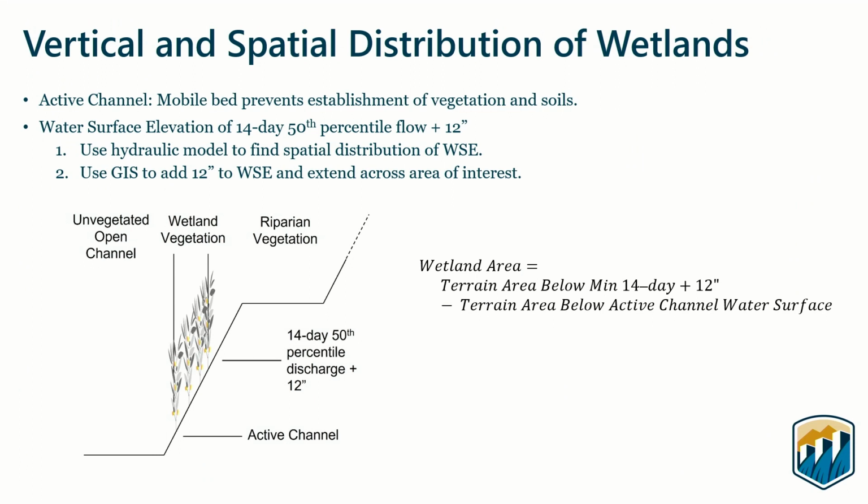So what is the distribution of the vertical wetland? This is just a conceptual model of where those bankline wetlands would occur. On the lower end, there's the active channel that's preventing any bankline vegetation from occurring. At the upper boundary, we're going to use the definition that the Corps gave us, which is the 14-day 50th percentile discharge plus 12 inches.